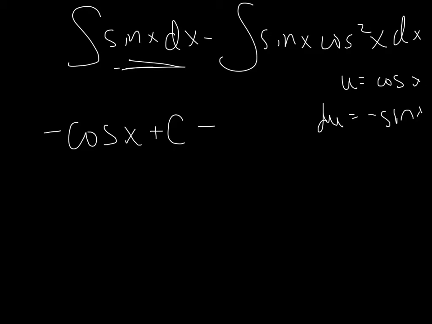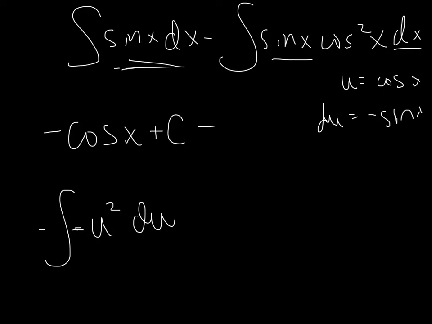So I'm going to take this expression right here and integrate it down here. So I would have the integral of u squared du, but I would need a negative outside, so then I have to put a negative inside. So negative integral of negative u squared du, because du is negative sine x dx. So sine x dx, and then I put a negative, and now I'm good.